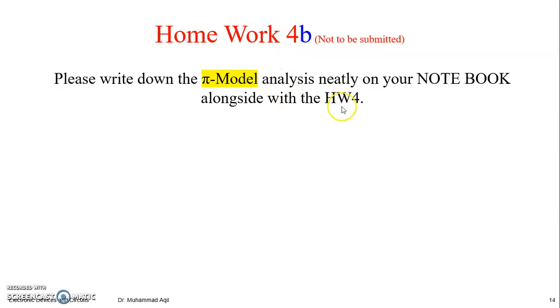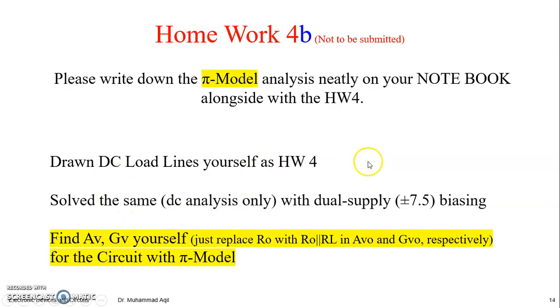In homework 4 you already did the analysis using the T model, just include the pi model besides that one. You have to find AV and GV yourself with this pi model, as you did with the T model.